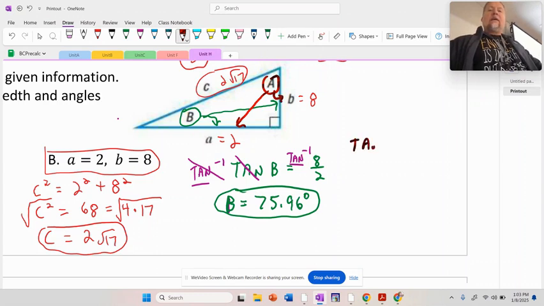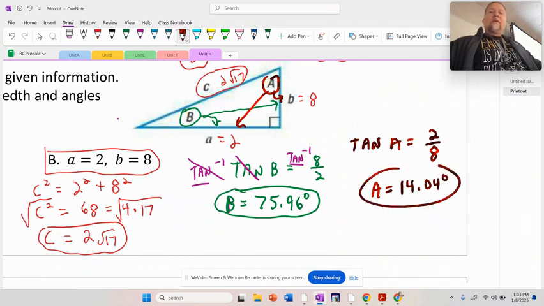So tan of A equals 2 over 8, and then I could just inverse tan that. I don't want to embarrass myself, but I think it's 14.04 degrees. As long as that tan says so, then I know I'm good because those add up to 90, which they should. All right, everyone good?